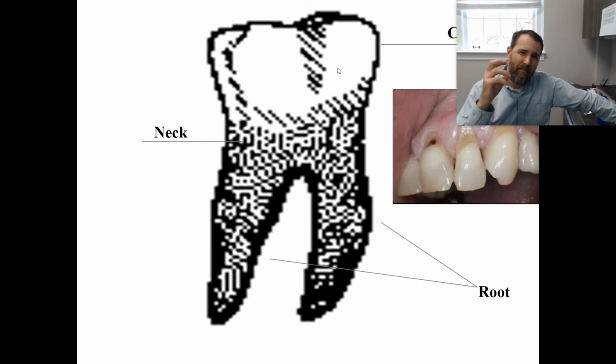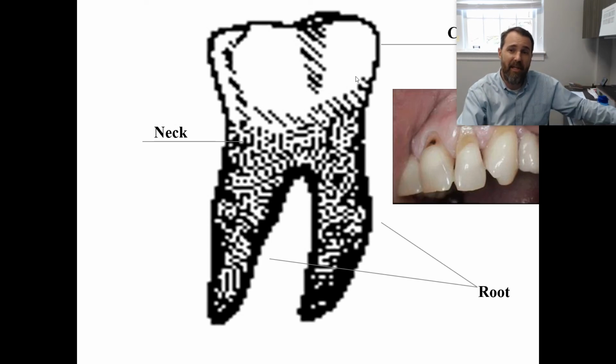And the crown is that part that you see that is white with enamel. The root is that part that we're all familiar with that reaches up into our skull, into the dental alveoli to secure the tooth there. And that point of intersection between the crown and the root, which is showing here, is referred to as the neck of the tooth.